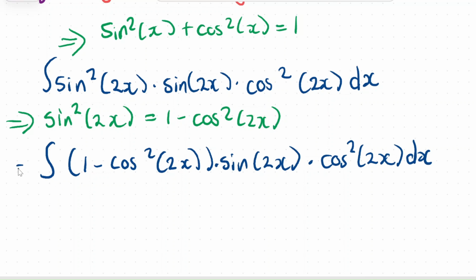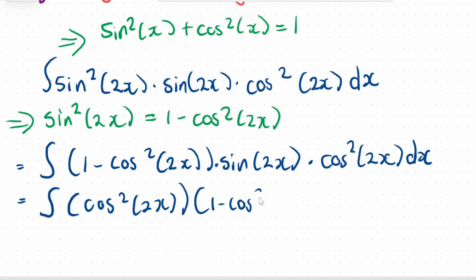But now let's rewrite this so that it's easier to read and we can group everything together. So I'm going to write cos squared of 2x in the front, multiplied by 1 minus cos squared of 2x, multiplied by sine 2x dx.